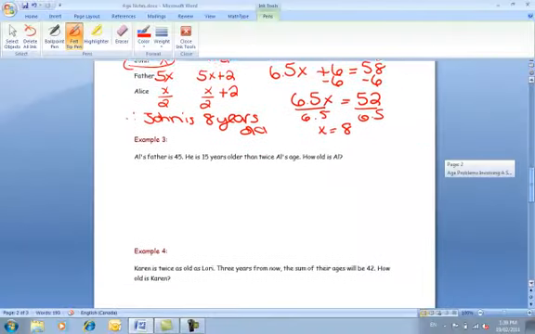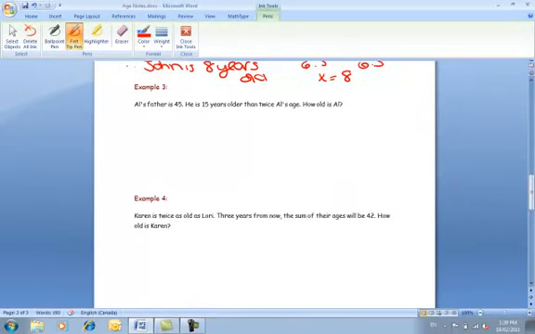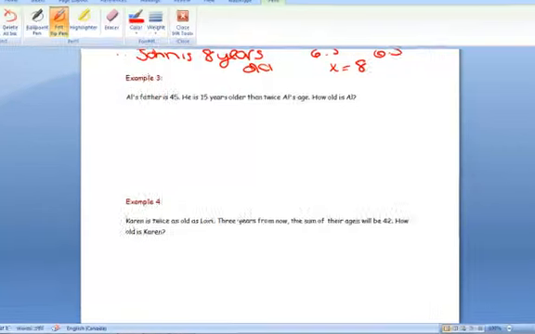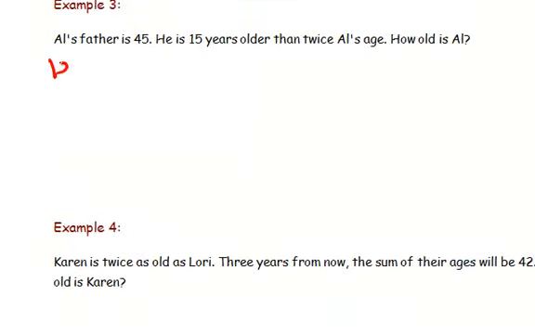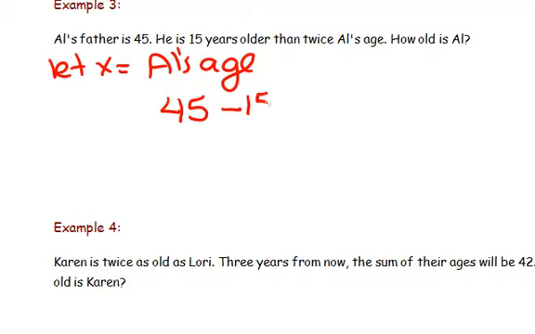All right, last two types of questions. Al's father is 45. He is 15 years older than twice Al's age. So let x equal Al's age. He is 15 years older. So if I take his age now and subtract 15, it should equal twice Al's age.